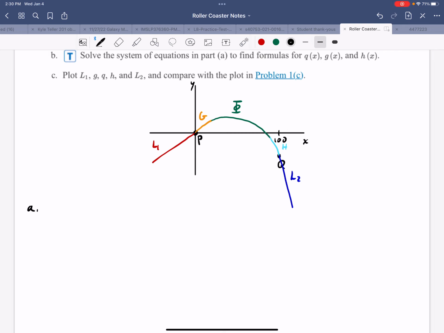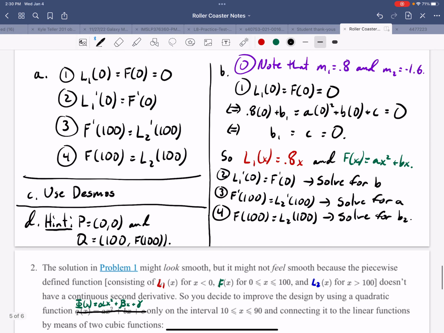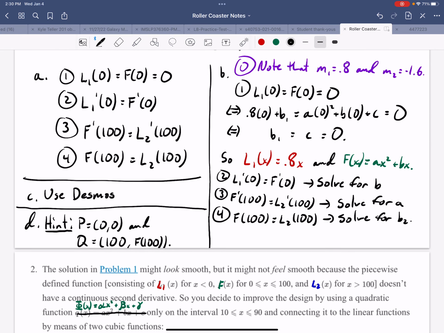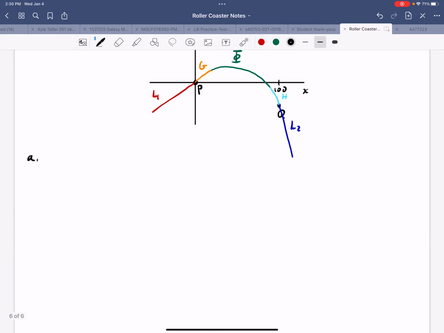Notice that what we did in problem 1 was we set the functions and their derivatives equal to each other. But then we said that that wasn't enough. So what we're going to do here is let the functions and their derivatives and their second derivatives equal each other. So let's see what that gives us. L1 of 0 equals G of 0. I will number them, not that you need to do them in any certain order.